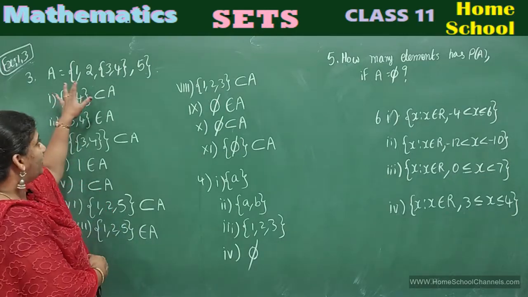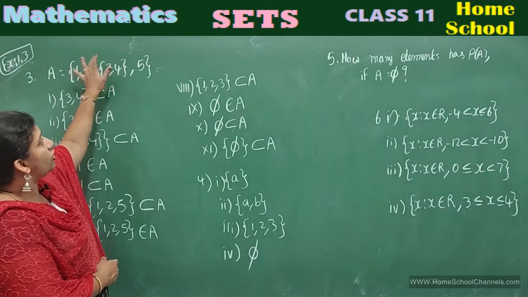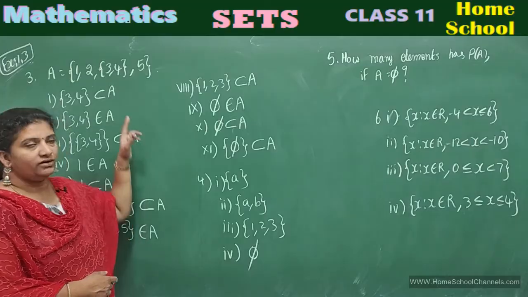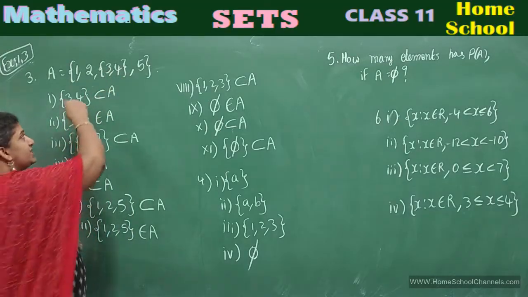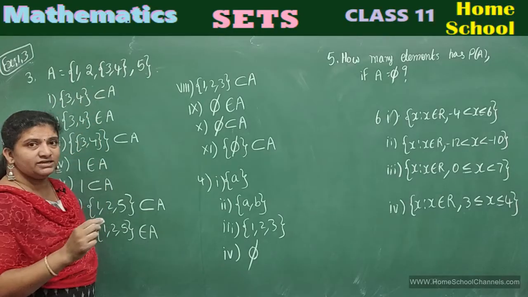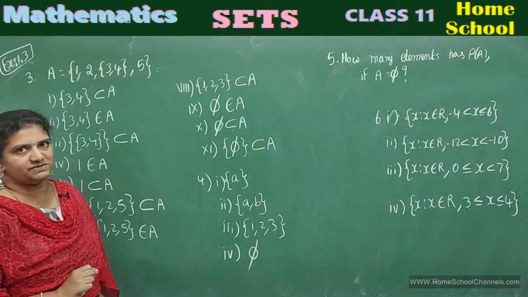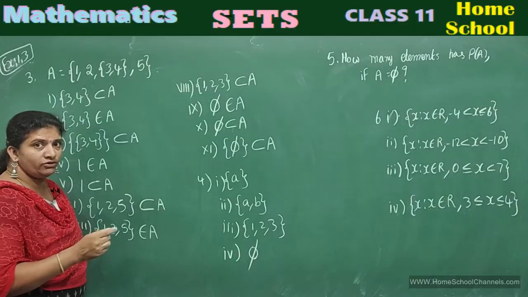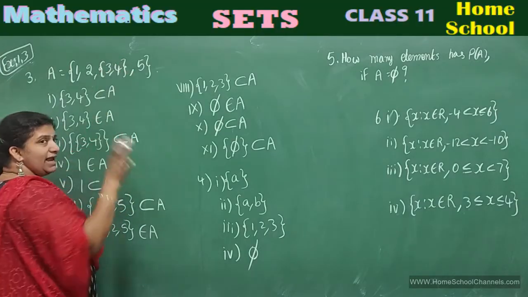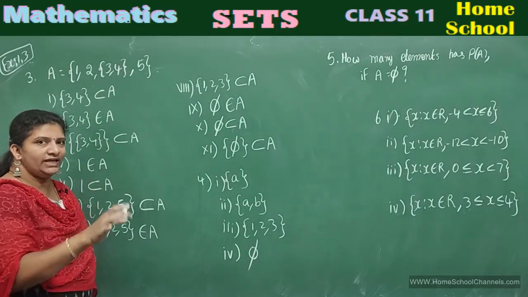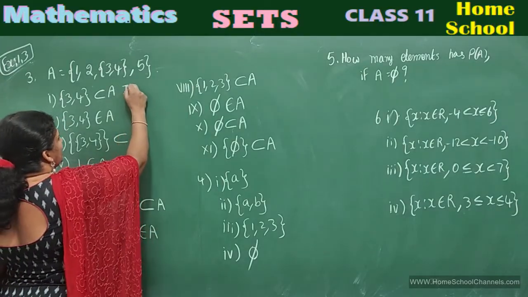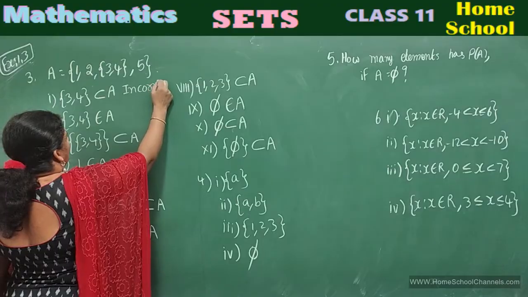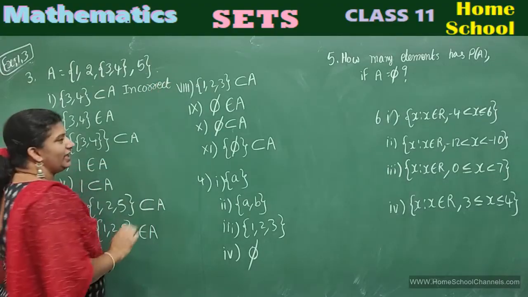But in the given set, this is also an element. When this is an element, you should enclose it again with brackets and then say it is a subset. Otherwise, if you consider this as an element, we need to write belongs to. So this is incorrect. Either it is correct or incorrect.